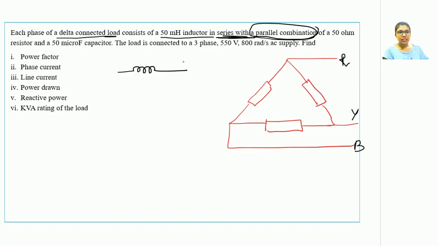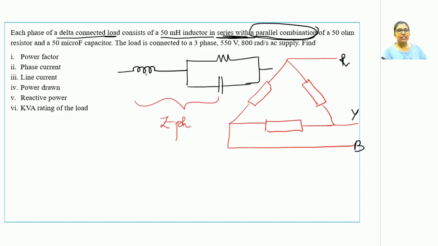Instead of taking this in series with a parallel combination, at times they take the entire three elements in parallel combination. So these types of errors are to be avoided. The question says that this inductor is in series with a parallel combination of a resistor and a capacitor. So this entire thing represents Z phase.